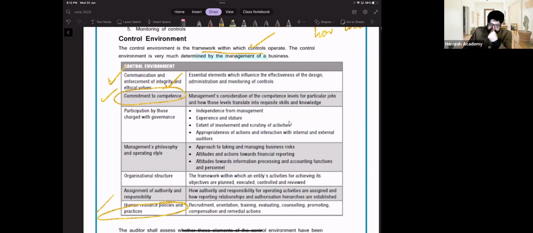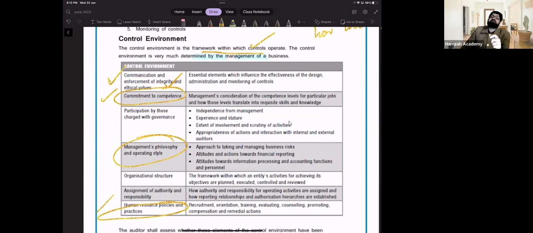Now, the next is management philosophy and operating style. How important are the controls for company management? How important is the accounting, transaction, and the recording for the management?